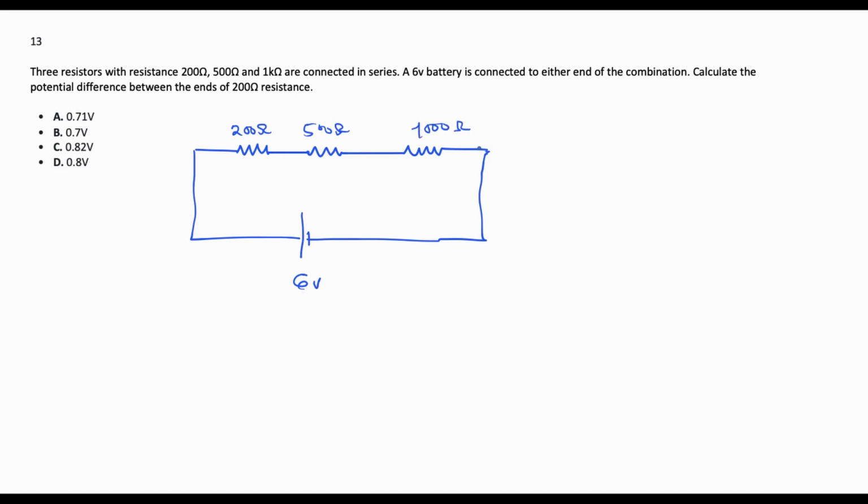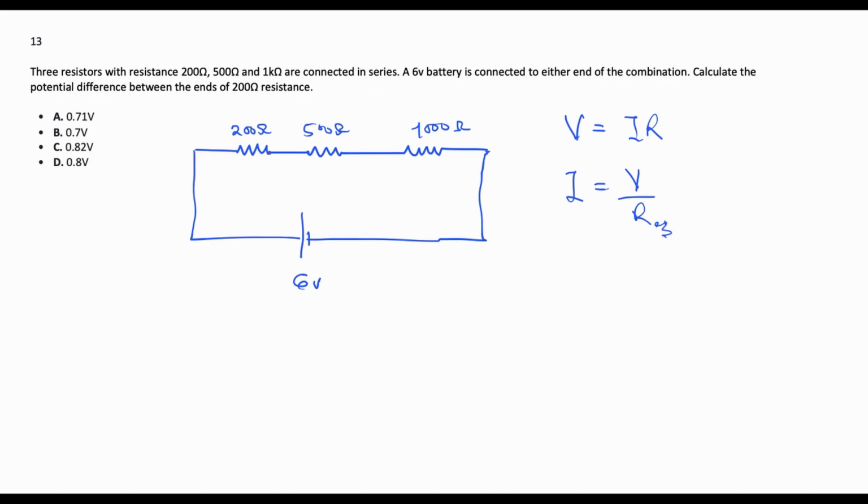Now, the first thing we need to do is to calculate the current flowing across this circuit as a whole. We know that voltage is equal to IR, which means that if we make I the subject of the formula, we have I equals V over R. The R here to calculate the current across the entire circuit is the R equivalent.